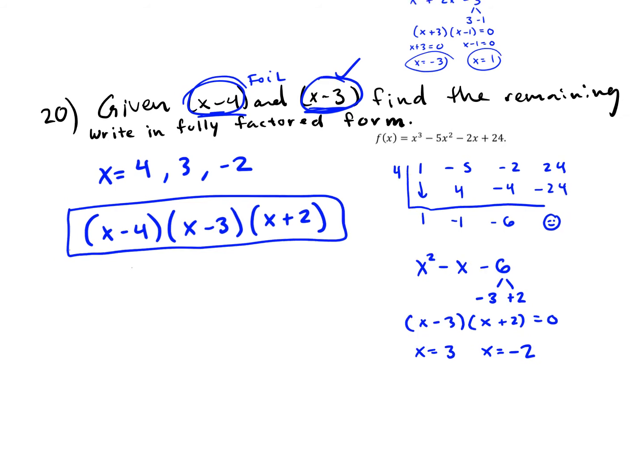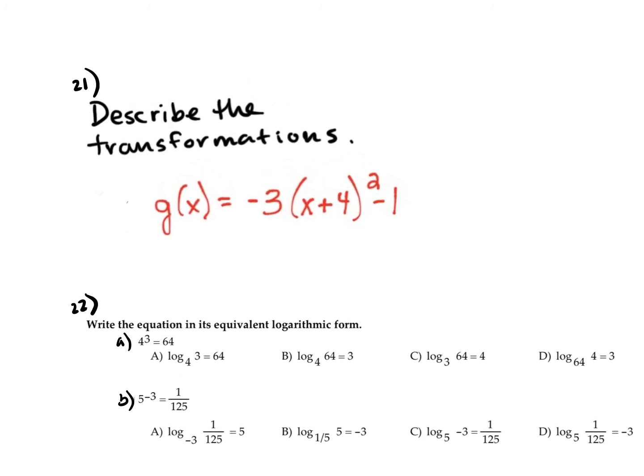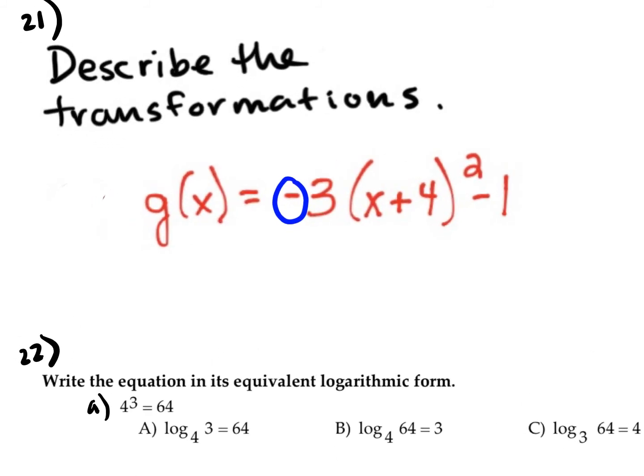All right, 21. Next page. Describe the transformations. So what does this negative being multiplied outside do? Reflection. A reflection. What about multiplying by 3 on the outside?